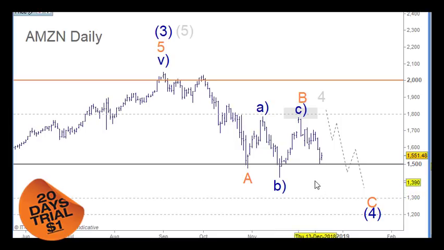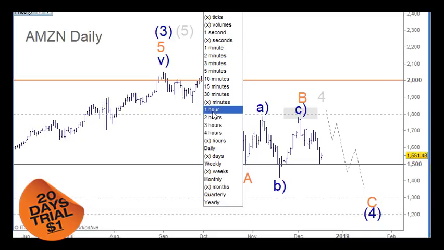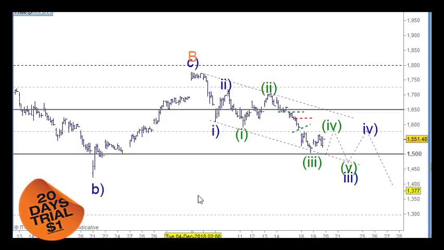So with this one here, we can see I was looking from B down to C here, and looking for 5 waves down here. So it's kind of obvious that we've got wave 1 here, and then we've got some sort of wave 3 here. Let's just go to the hourly chart here and see what I've done. Okay, this is what I've done here.